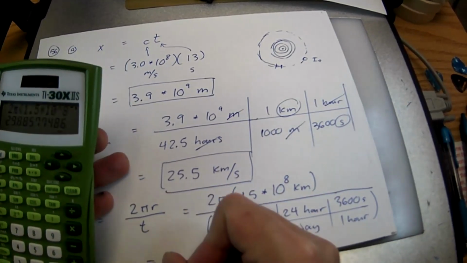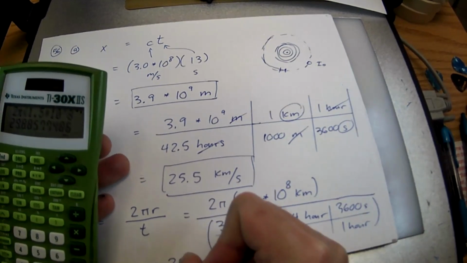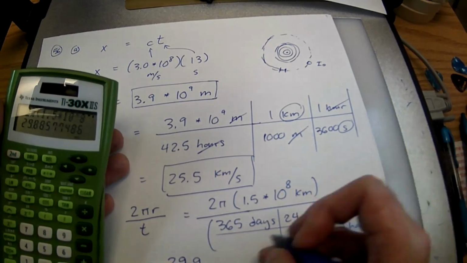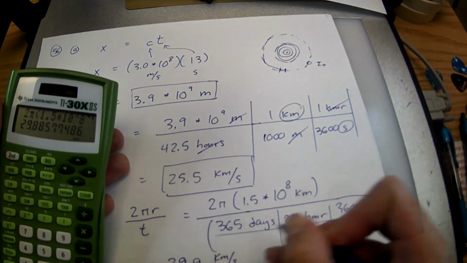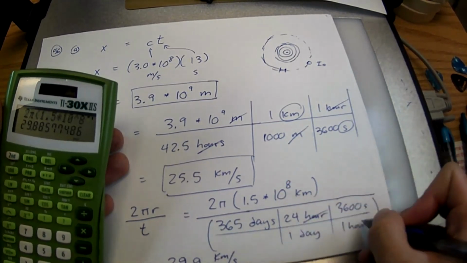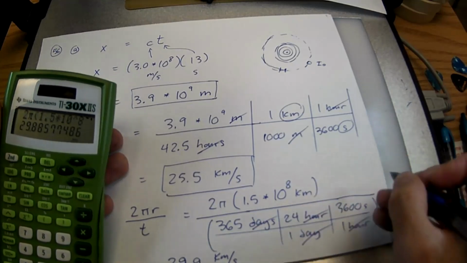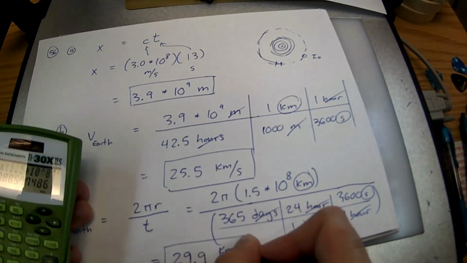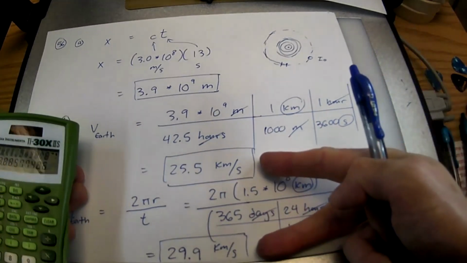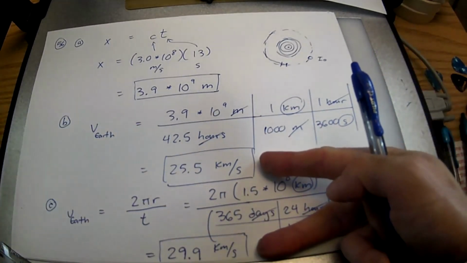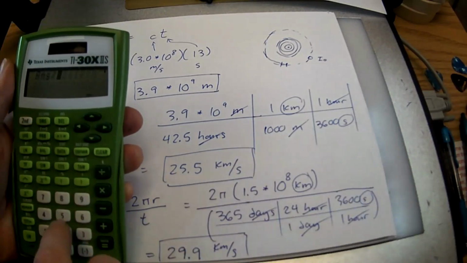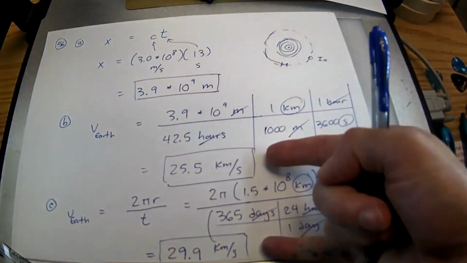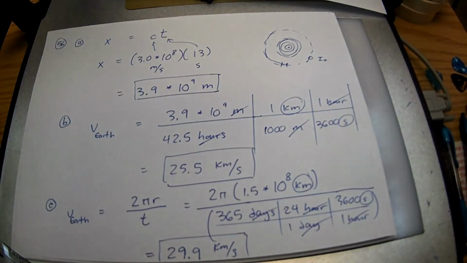I'm looking at 29.9, and the unit would be, of course, kilometers per second, because this is set up so that hours goes away, days goes away. We got kilometers per second. Okay. Hey, look at this number compared to this number. They're really, really close to each other. What is that divided by 25.5? They're only off by about 17%. Yeah, that's really close. Okay.